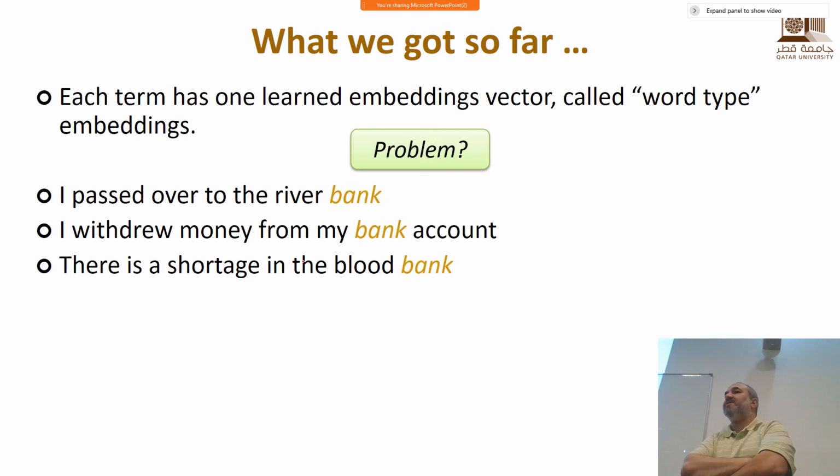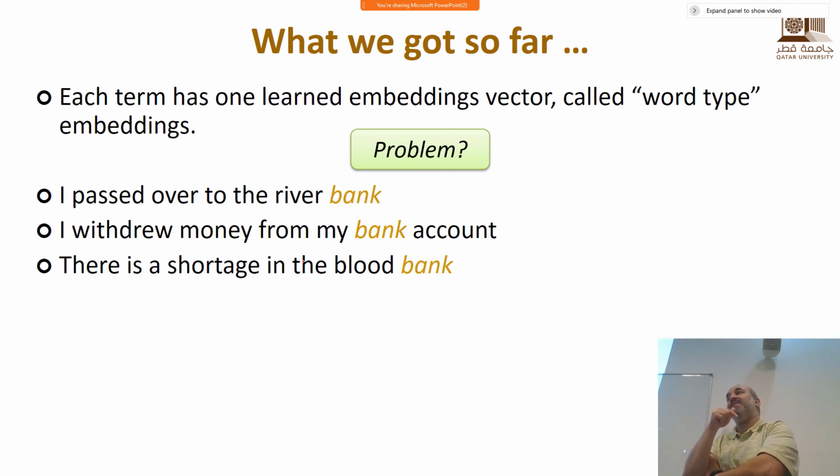Okay, so what we learned is the word type. The word type is not the word token. It's the embedding for the word type. We learned an embedding for the word bank, and that embedding vector represents all senses, all meanings of the word bank.